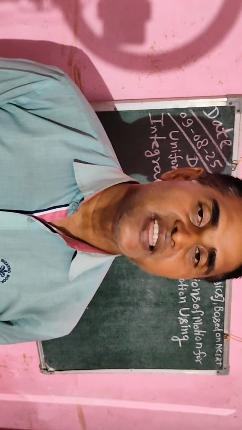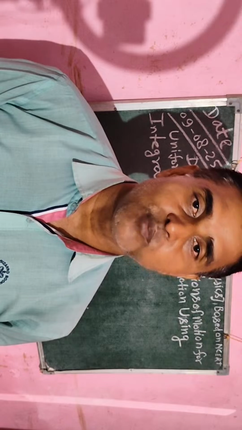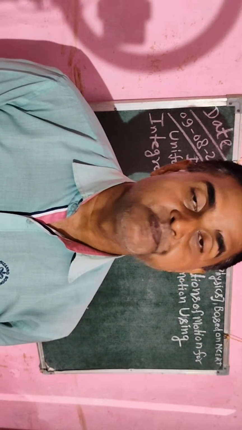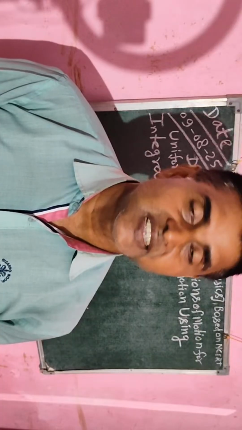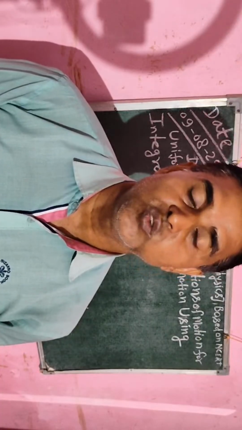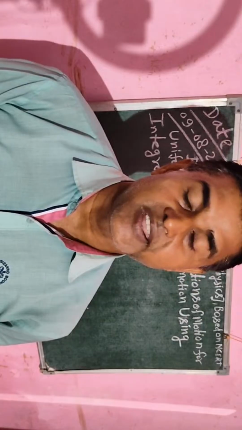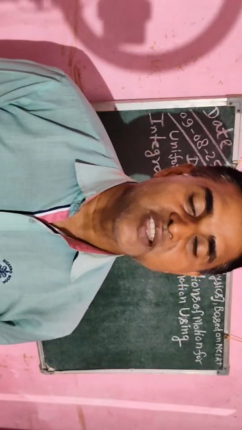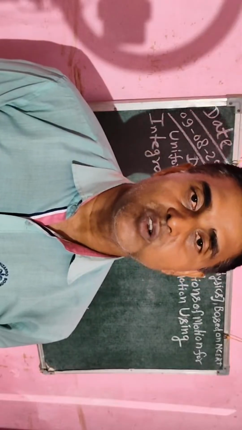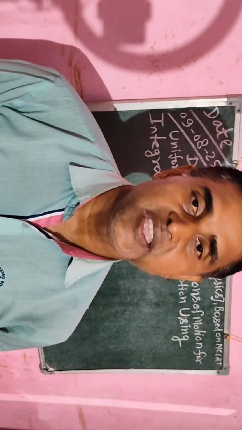I know there are three types of equation of motion. First is V equals U plus AT. Second is S equals UT plus half AT squared. Here I will explain the third equation also, that will be V squared equals U squared plus 2AS.